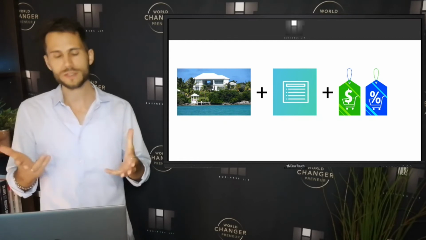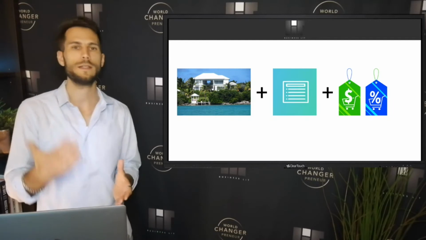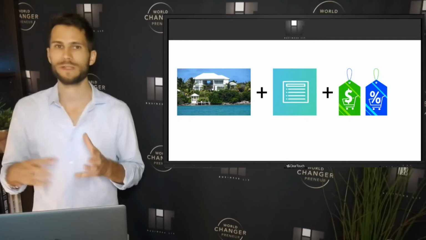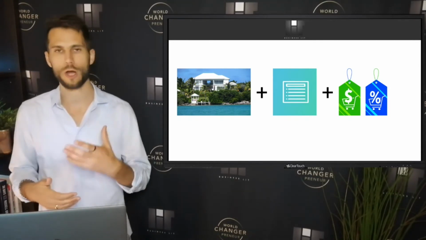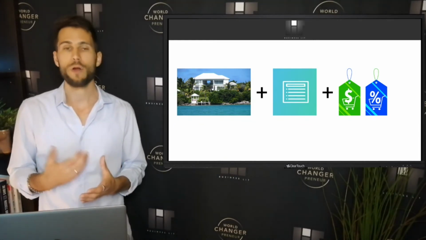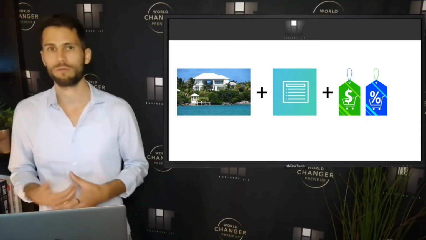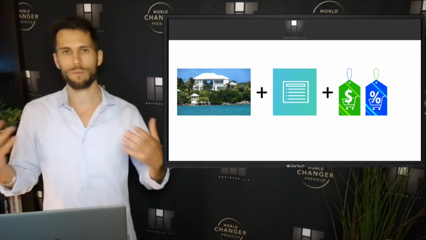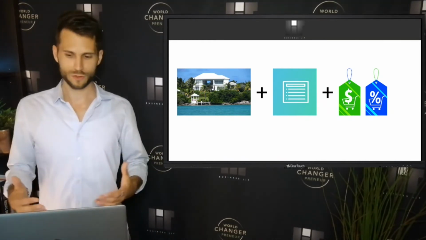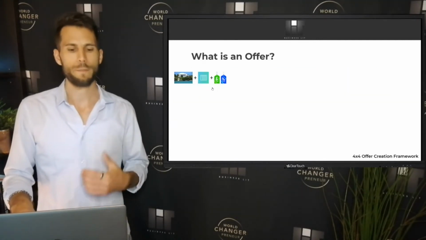So if this house isn't totally crap and in bad shape, there's very high chances this listing will outperform, just because it's not only good quality, but it's also separating themselves because they're providing more value, more options, and therefore probably a better overall experience, because they're promising that you will not waste time on a bad experience, going to the wrong restaurant, doing the wrong activities where you won't be enjoying your time, but on top, they are also giving that extra experience. So that is kind of an example of how an offer can look compared to a product.